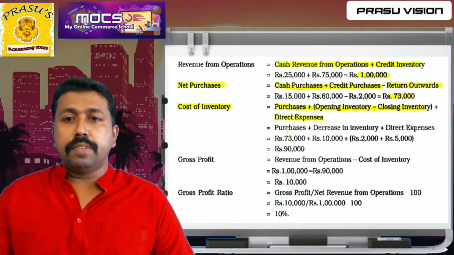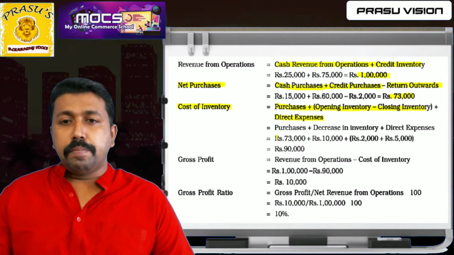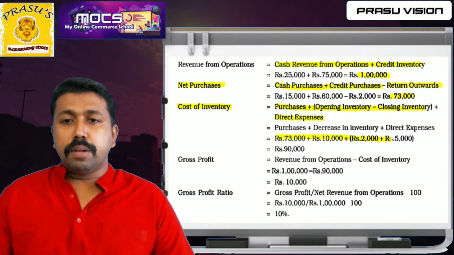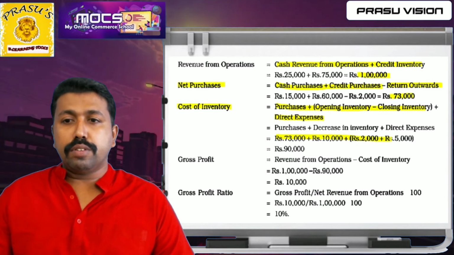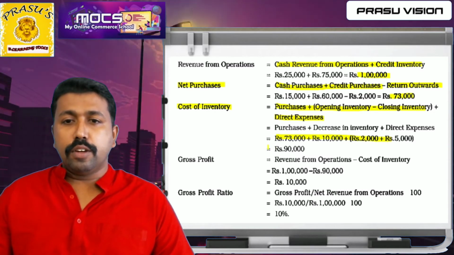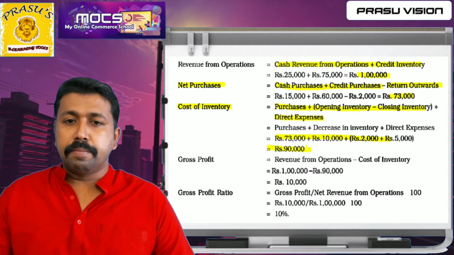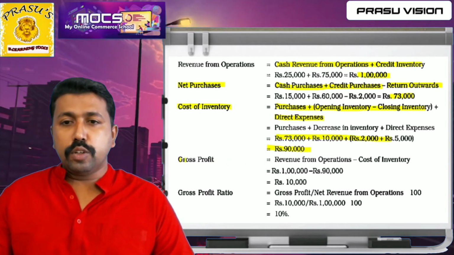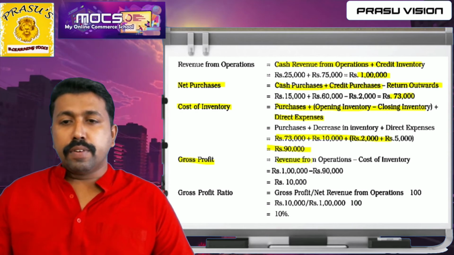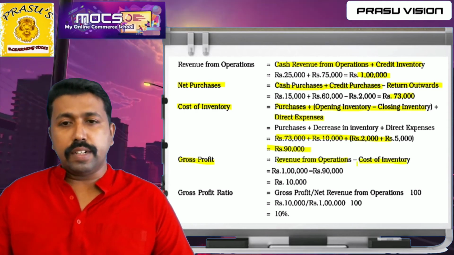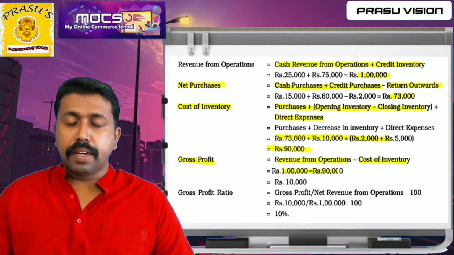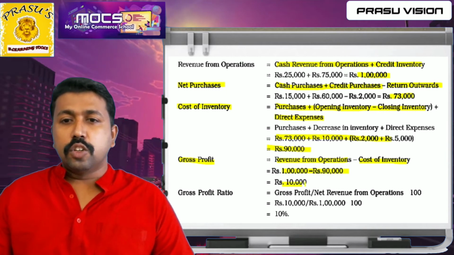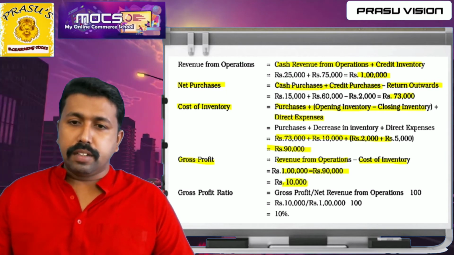We can frame the equation: 73,000 plus 10,000 plus 2,000 plus 5,000, 90,000 as the cost of inventory. And we find the value of gross profit using the equation revenue from operation minus cost of inventory. 1 lakh minus 90,000, we will get gross profit as 10,000.